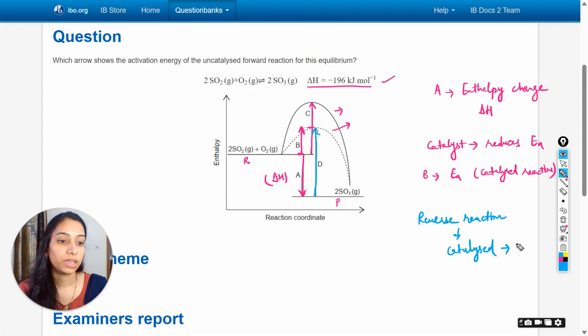So its activation energy is shown by this D symbol, right?